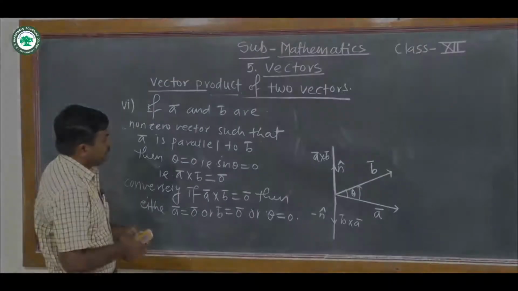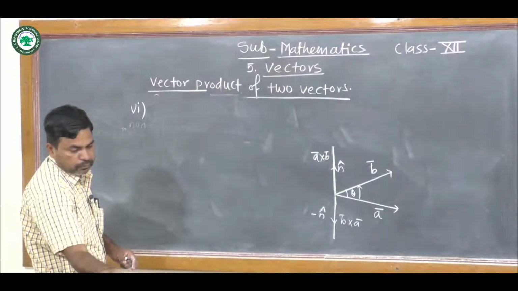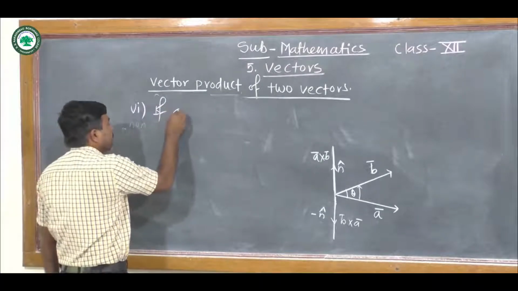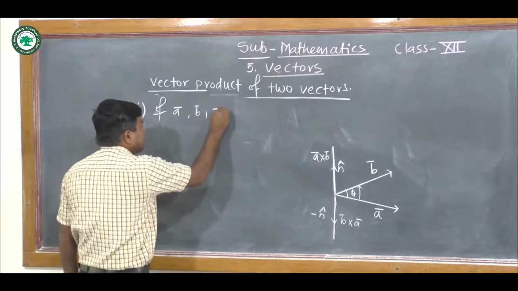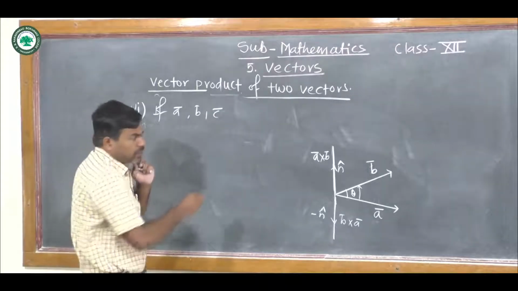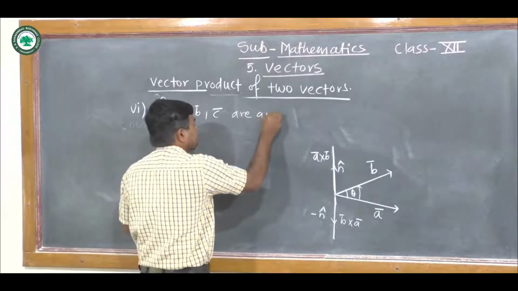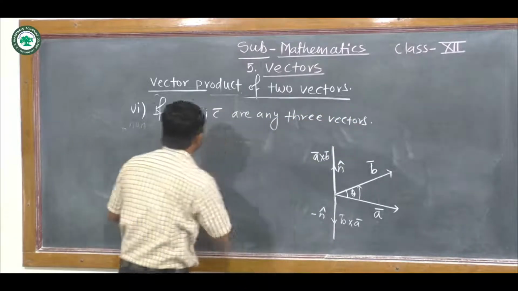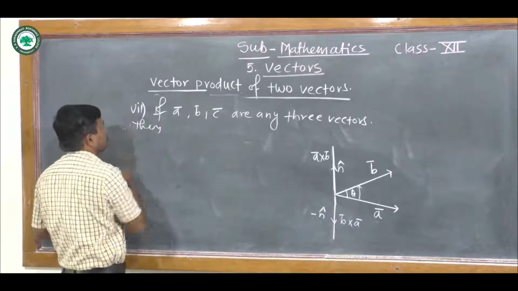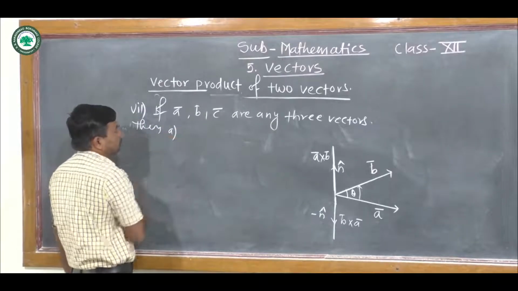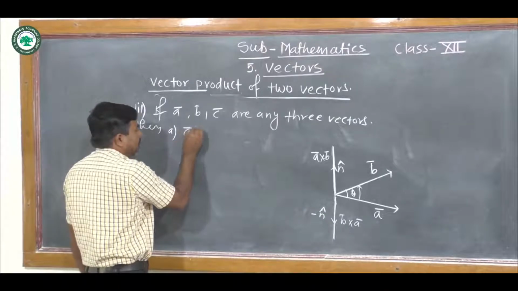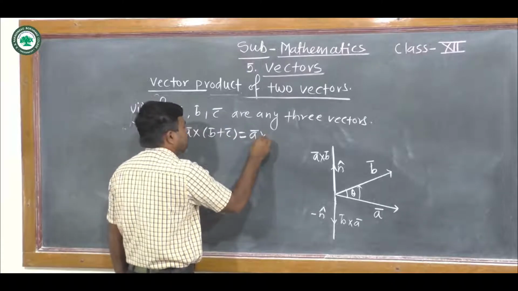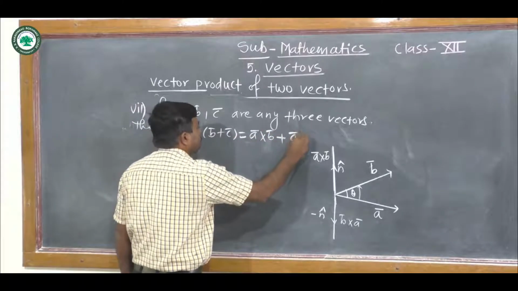Next, remark number 7. If A bar, B bar and C bar are any three vectors, then first, A bar cross (B bar plus C bar) is equal to A bar cross B bar plus A bar cross C bar.